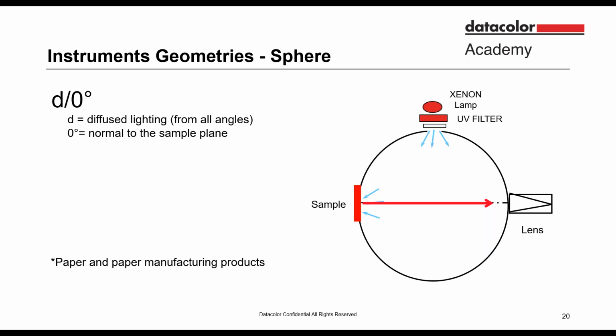This geometry does not have a specular port, so all the measurements are specular excluded by default. This geometry is typically recommended for paper and paper manufacturing products. Some color standards for the textile industry could recommend diffuse 0 degrees as well.